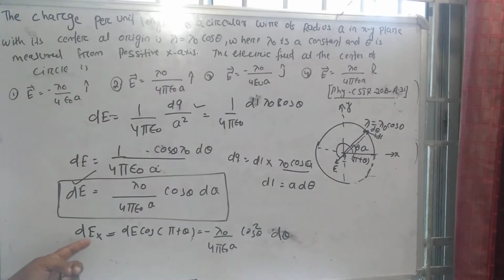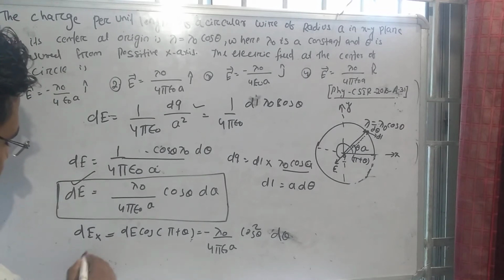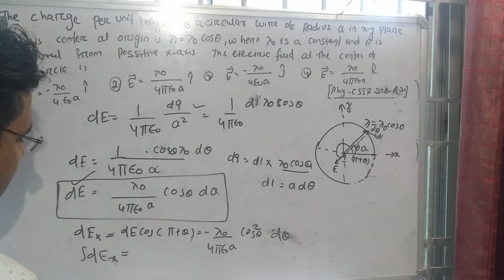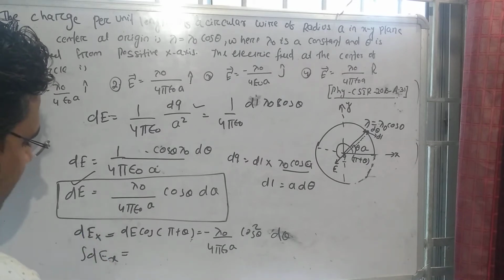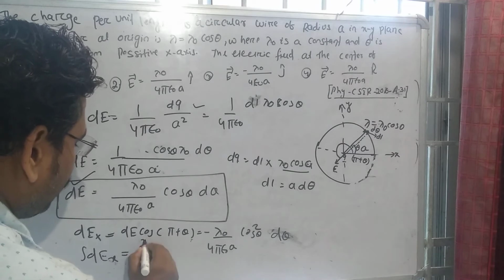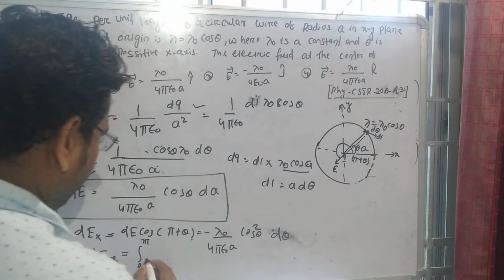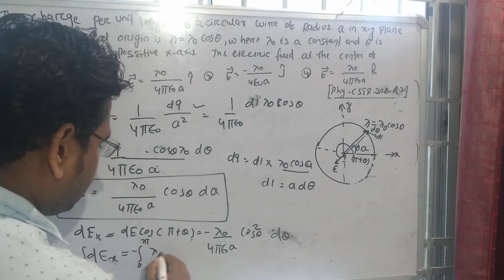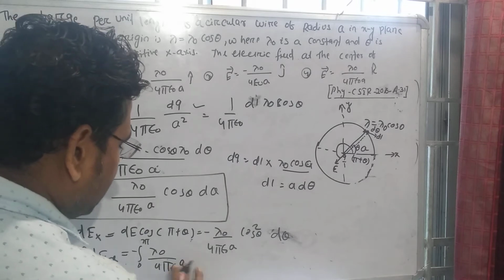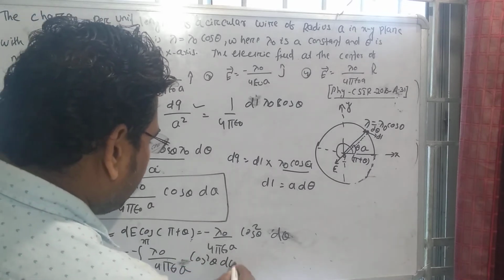Now if I want to calculate the total x component of the electric field, it will be the integration over dx, del Ex, which is integration over theta from 0 to 2 pi, lambda 0 by 4 pi epsilon 0 times a, cos square theta d theta.